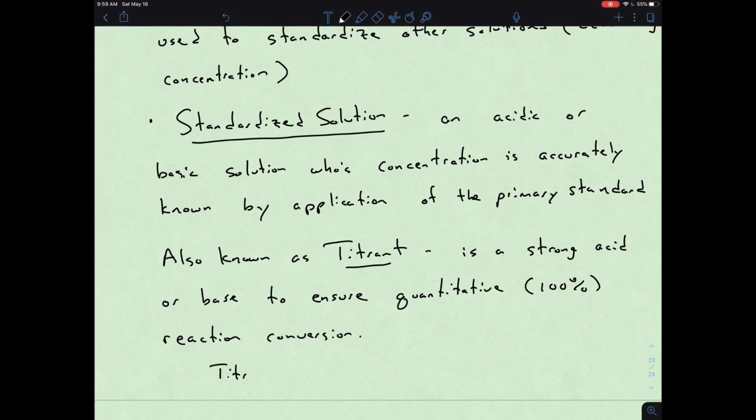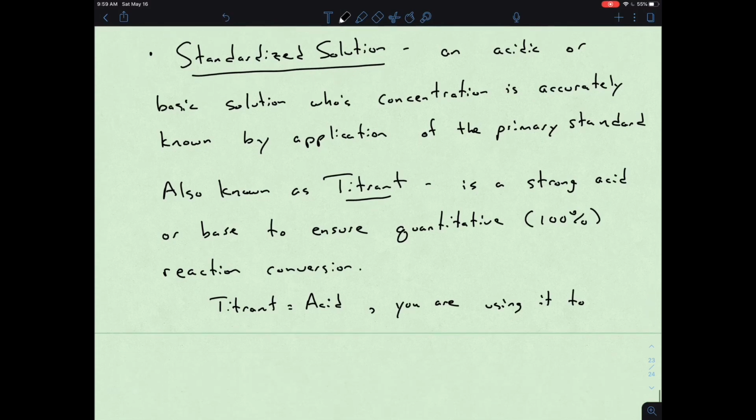If your titrant is an acid, then you are using it to basically figure out a base concentration.